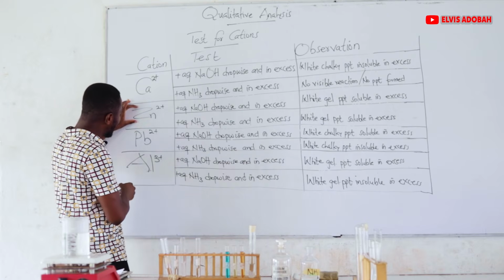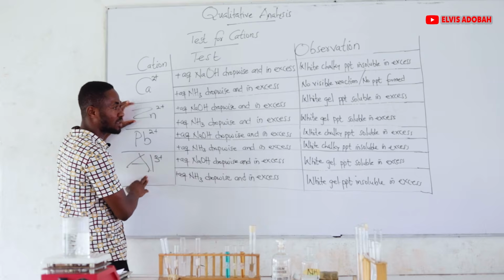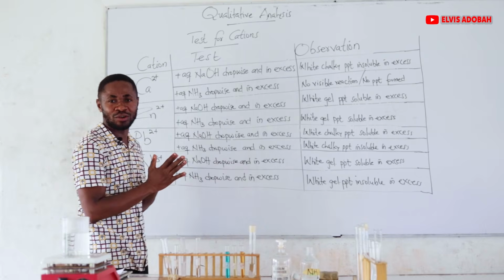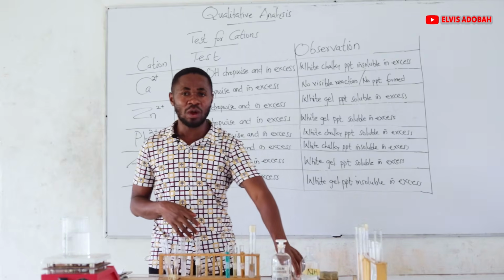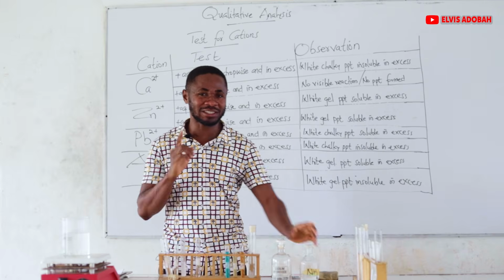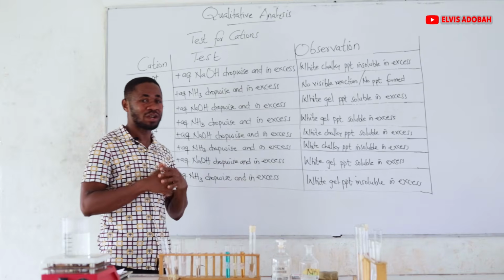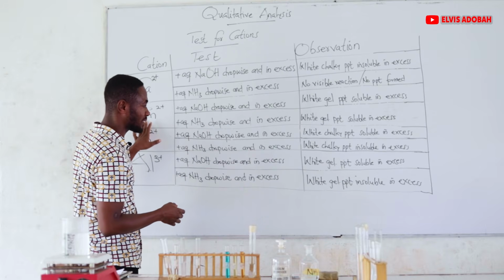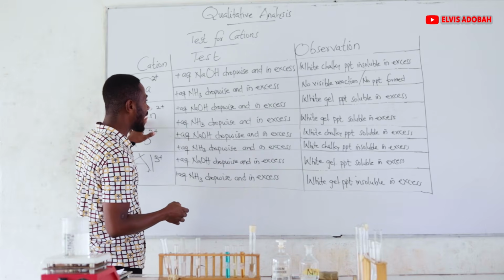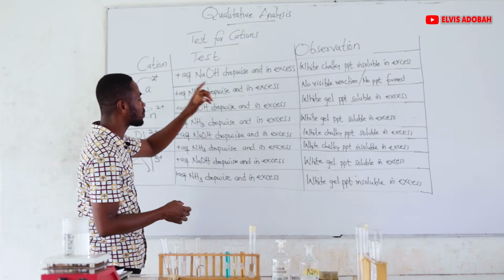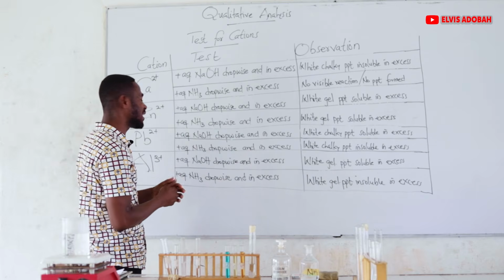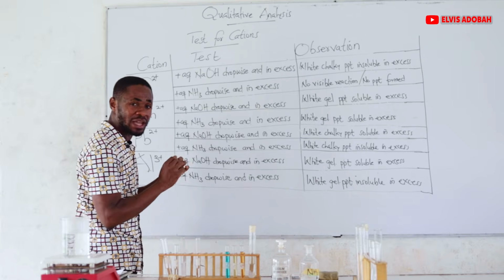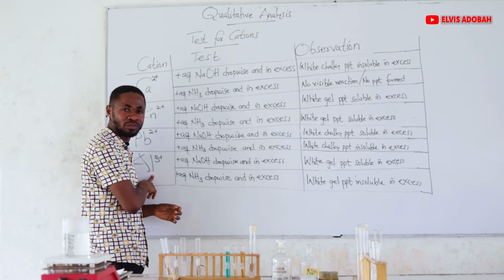Let's look at Zn2+ and Al3+. They are the two cations that give us white gelatinous precipitates. What is the difference? In Zn2+, we had a white gelatinous precipitate, which was soluble in excess. The same thing that we had for aluminium.